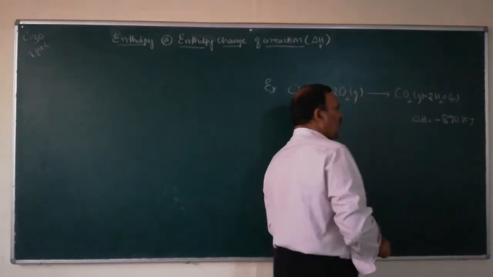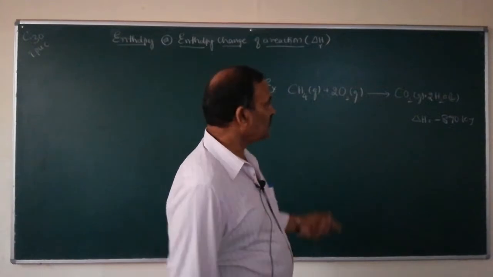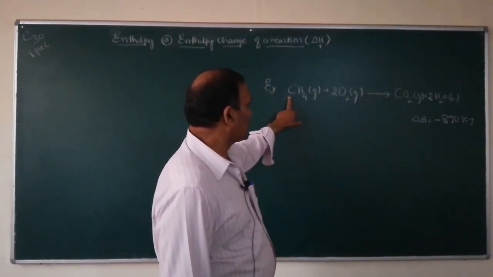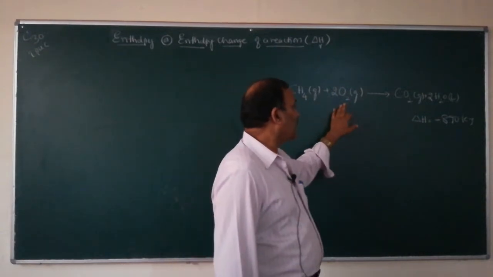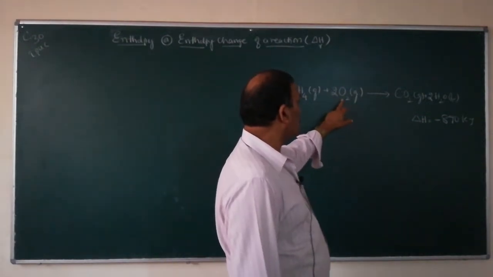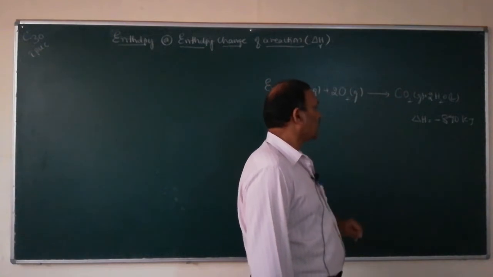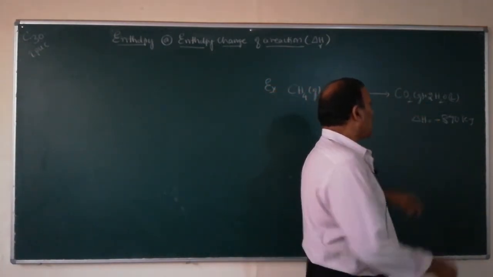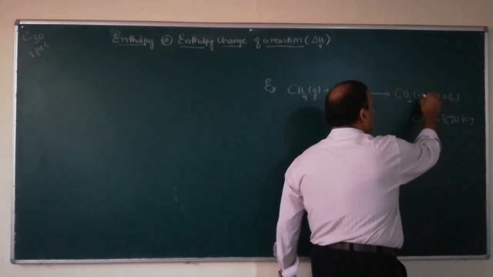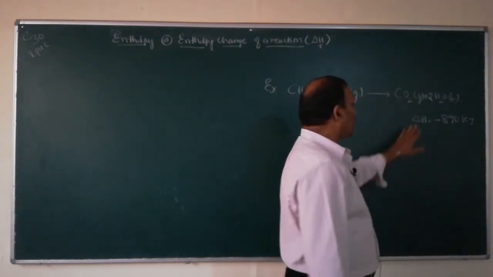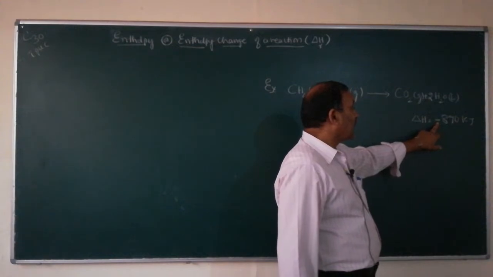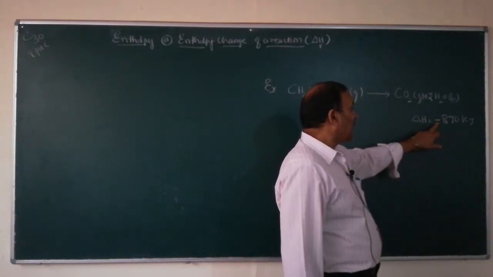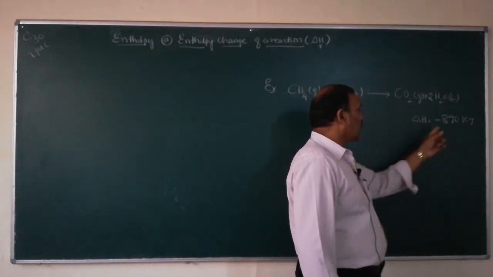What is the meaning of this? When 1 mole of gaseous methane is burned with 2 moles of gaseous oxygen to give 1 mole of gaseous carbon dioxide and 2 moles of water, the amount of heat liberated is 890 kilojoules. Here the minus sign indicates that heat is liberated and it is an exothermic reaction.